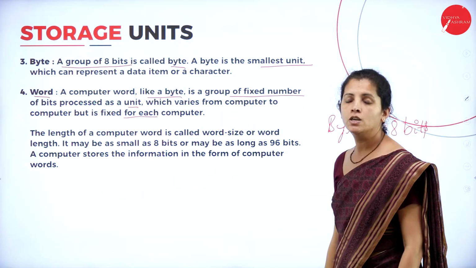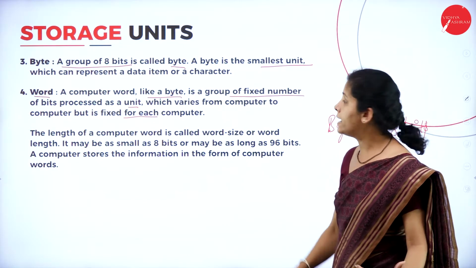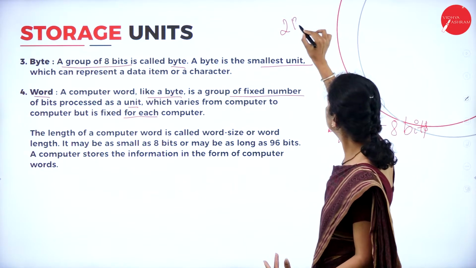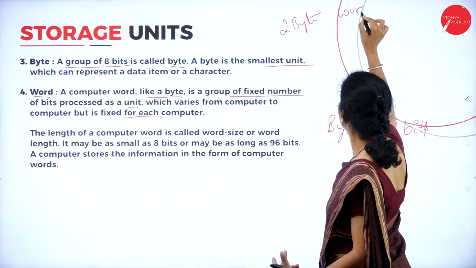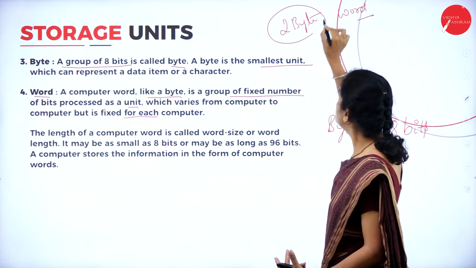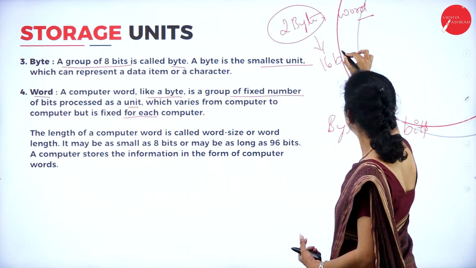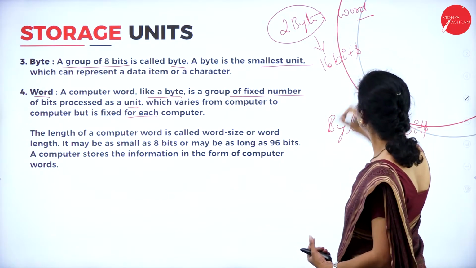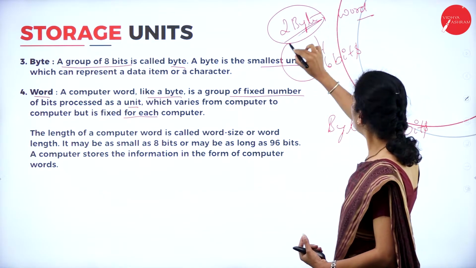Word. So one word means what? 2 bytes. When I have 2 bytes, it is termed as a word. So what is this 2 bytes? It is nothing but 16 bits. Okay. Now 16 bits, 2 bytes.